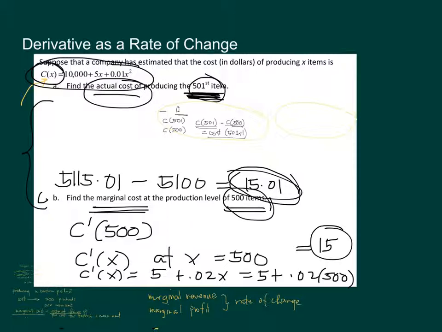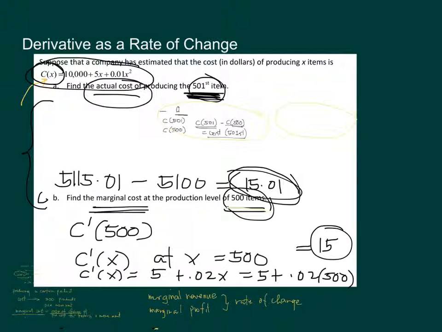Now the marginal cost idea is saying that we don't need to do that tedious computation. All we have to do is that when we want to find or estimate the cost of producing another item after producing a certain level of items, in this case 500, all we have to do is to get the derivative of the cost function and look for the value of that derivative at a given production level.